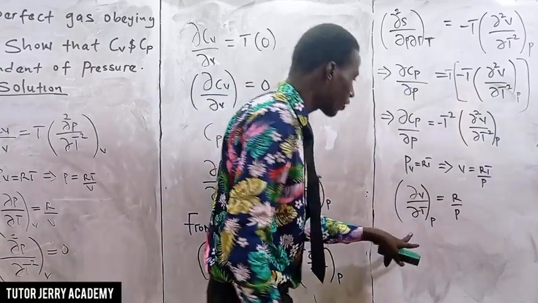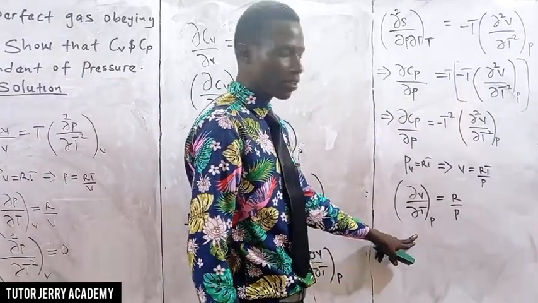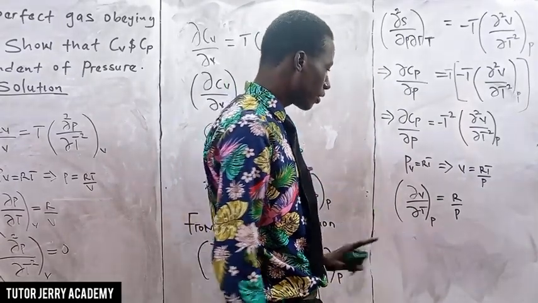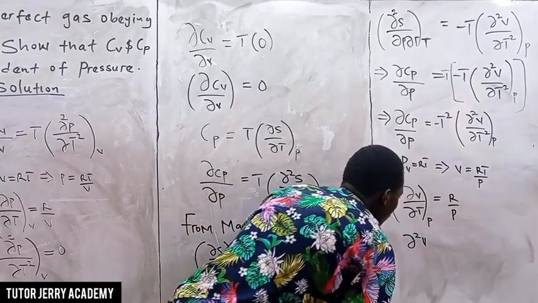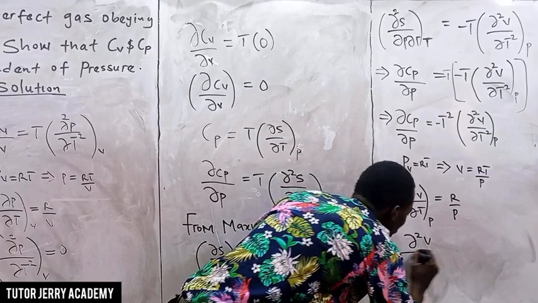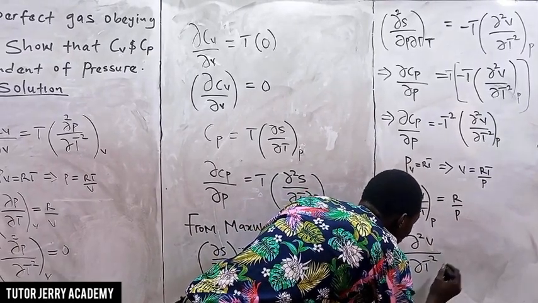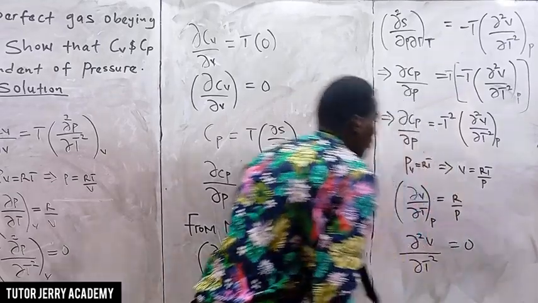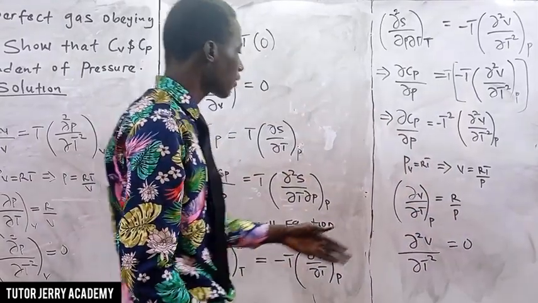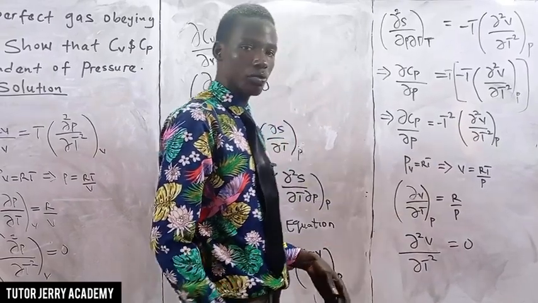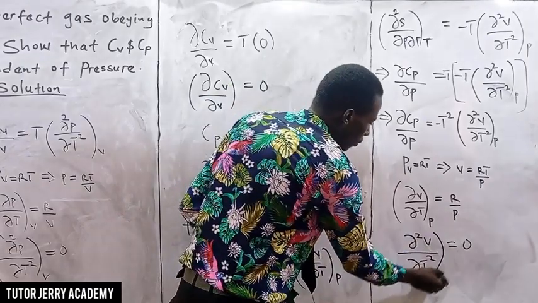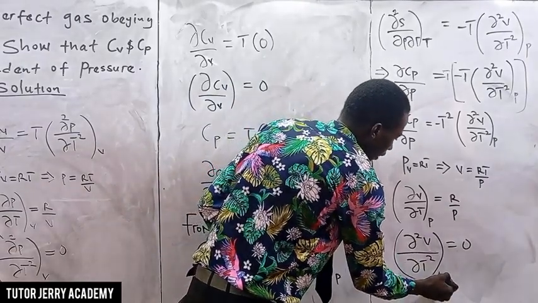If we differentiate this equation again with respect to T, we are going to have the partial derivative squared of V all over the partial derivative of T squared to be equal to 0, keeping P constant.